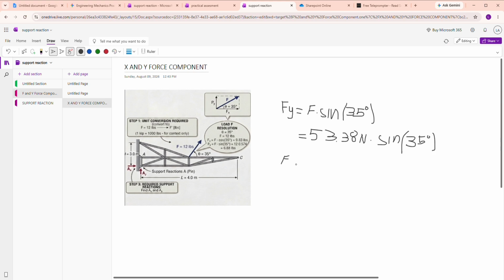If you multiply the 53.38 Newton by sine of 35 degrees, we come up with the answer of 30.62 Newton. This means the load pulls 30.62 vertically upward.